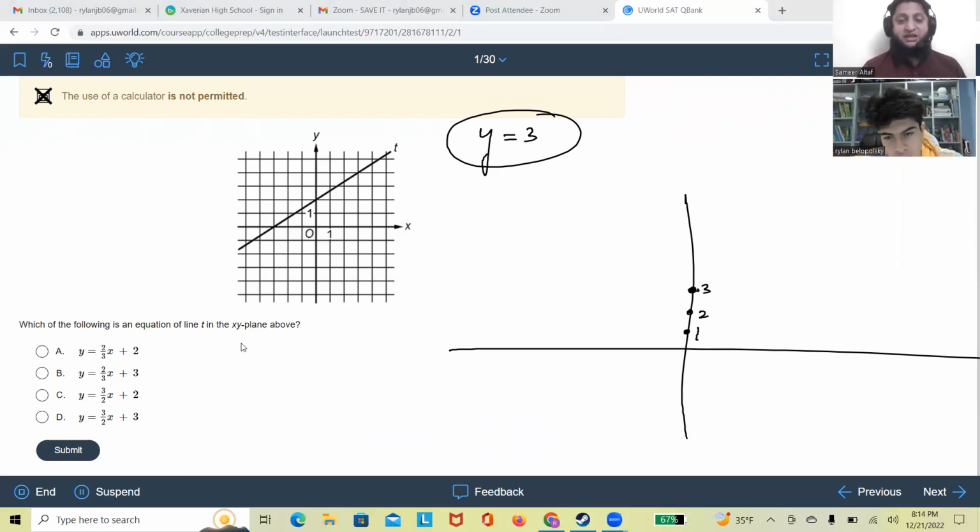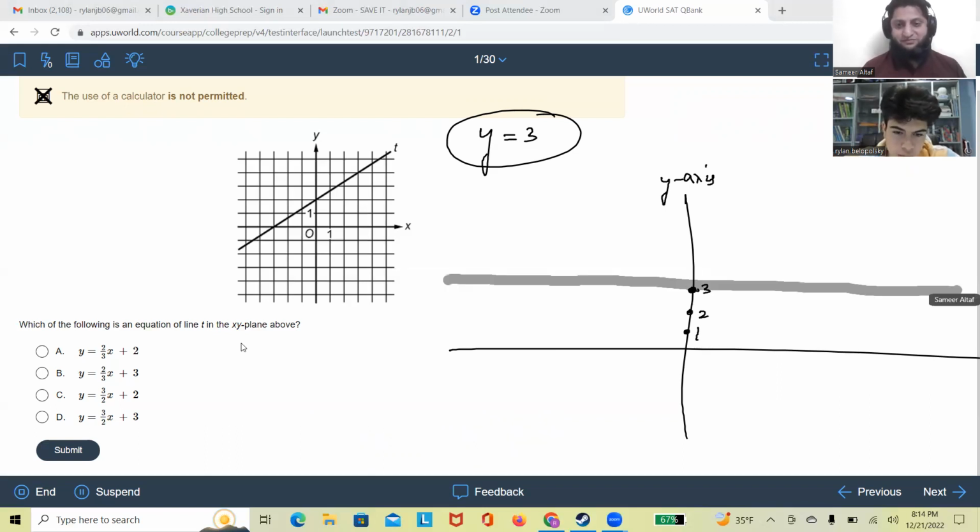The vertical line is the y-axis. So when you have y equals 3, doesn't that mean it's a horizontal line but crossing at y equals 3? Yeah, but won't it just continue on forever and be a parallel line with the x-axis? Exactly, it'll be a parallel line with the x-axis, 100% right. But it'll be cutting the y-axis also at 3, right?